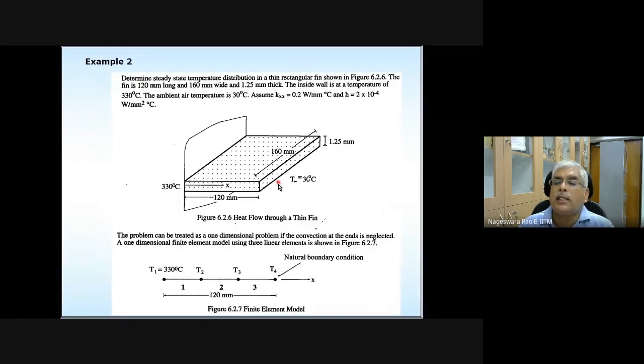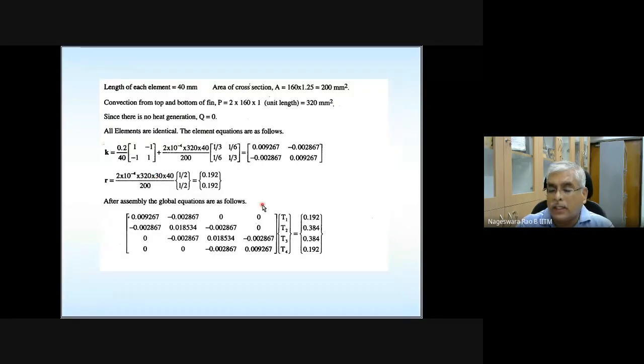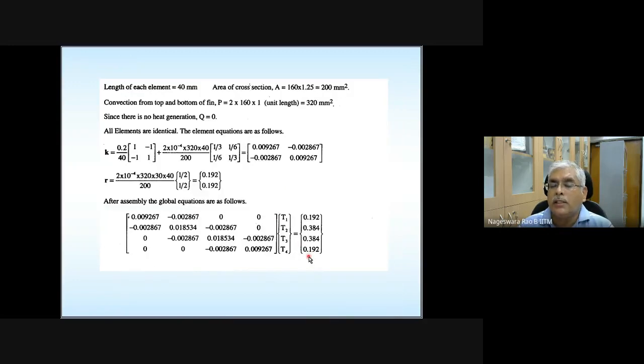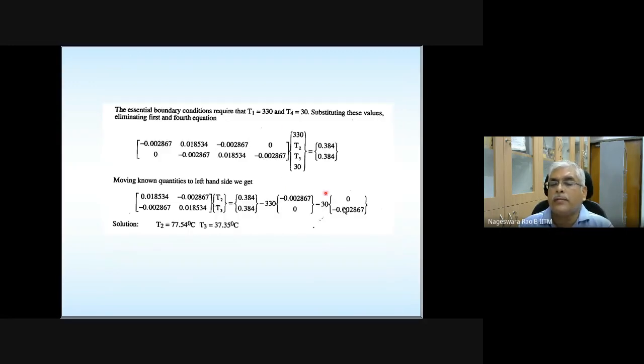Here it is 30 degrees centigrade on this side, and 330 degrees centigrade on the other side. Or this is the ambient temperature. On this side T1 is 330 degrees centigrade. So with T infinity, or ambient temperature, being 30 degrees, what is the temperature at various locations along the length of this film? That is what is solved here. You can go through that.